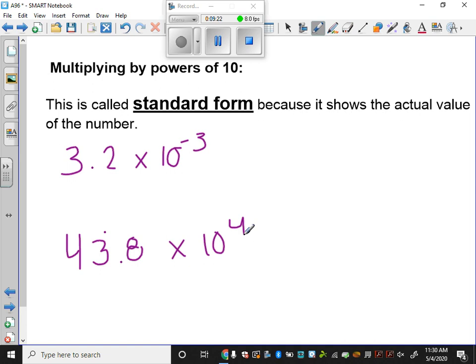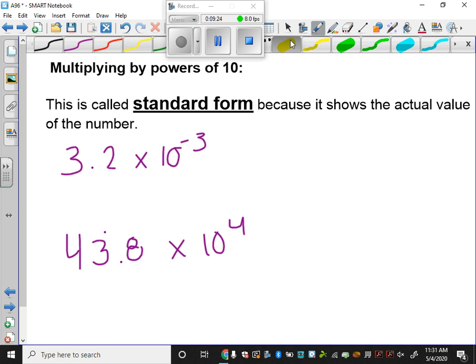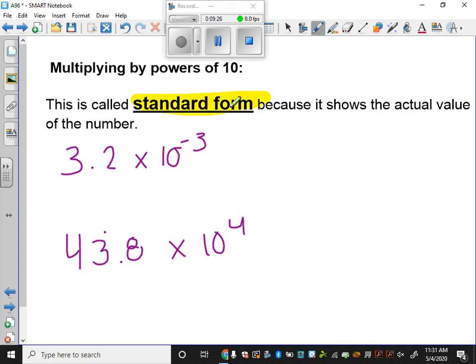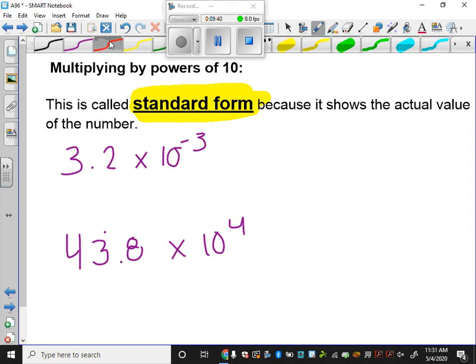This is what we call standard form. In the note sheet that I'm asking you to fill out, that was part of the lessons on the website. This is called standard form because it shows the actual value of the number. So in order to write something in standard form, I actually have to find the answer.